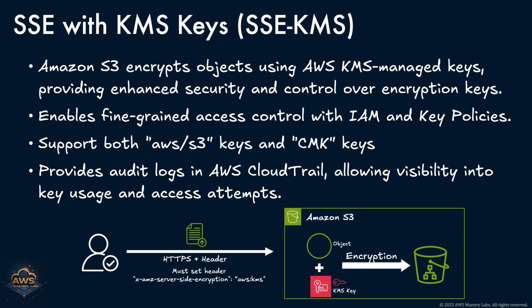AWS Managed KMS keys, also referred to as the default AWS/S3 keys, are automatically created and fully managed by AWS. They provide a simple, hands-off experience, ideal for users who want encryption without the overhead of key management. You don't need to create or rotate the keys, and AWS ensures they're securely stored and used.